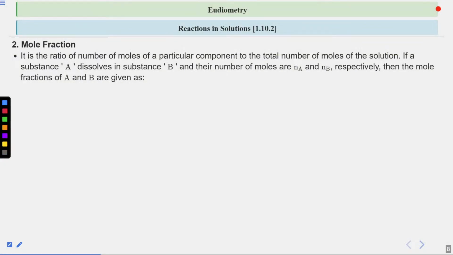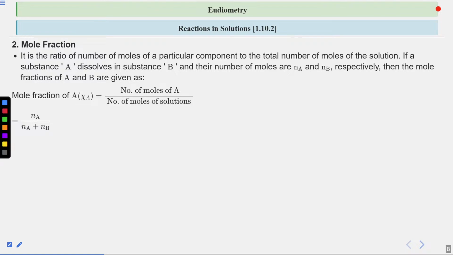Okay. Now, moving on to the mole fraction. How do we calculate the mole fraction of any component? We have a very simple formula. Just keep the moles of the substance whose mole fraction you are interested in, in the numerator, and the total number of moles in the denominator. Suppose you have a solution with two components, A and B. Then the mole fraction of A will be given by number of moles of A divided by number of moles of solution.